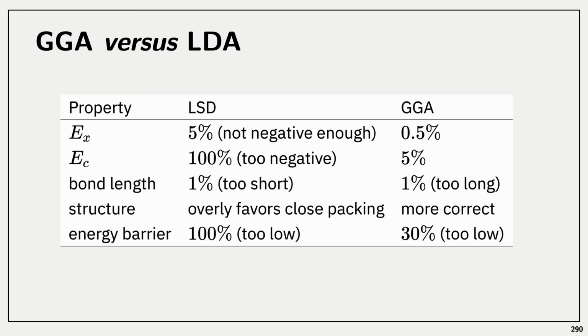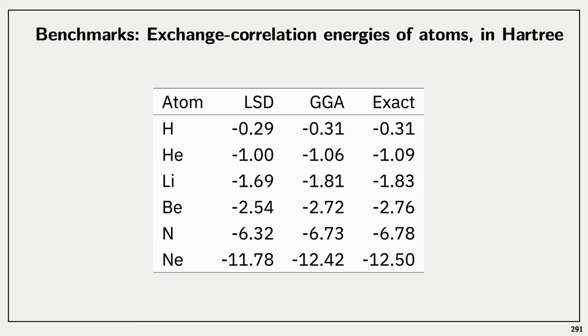And you can see that improvement in GGA by looking at atoms. If you look at some benchmarks on some of those light atoms that we have in this table, you can see directly the total energy, which is of course the expectation value of the energy, a key quantity in DFT. LDA doesn't do too badly. Right here, it's written LSD, as I mentioned before.